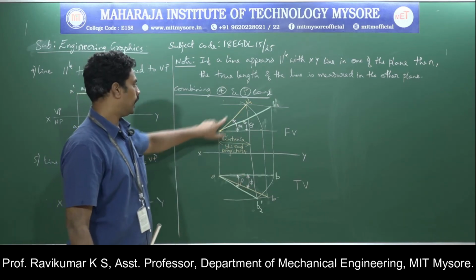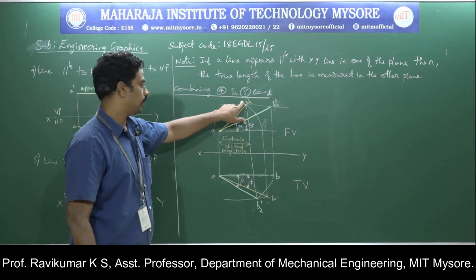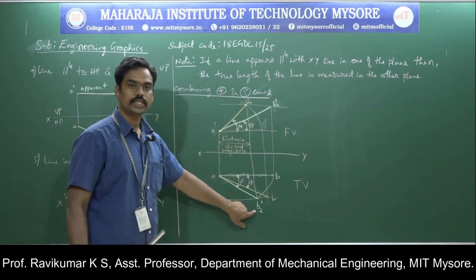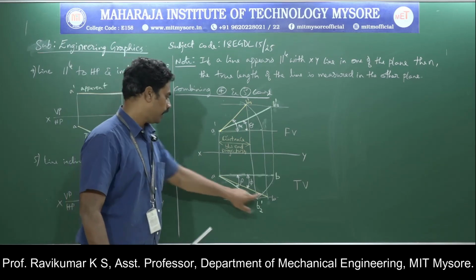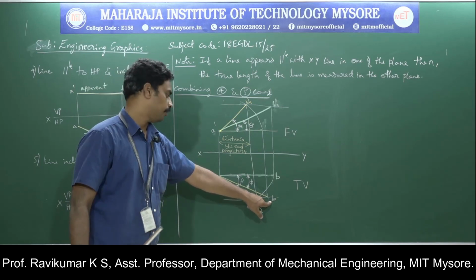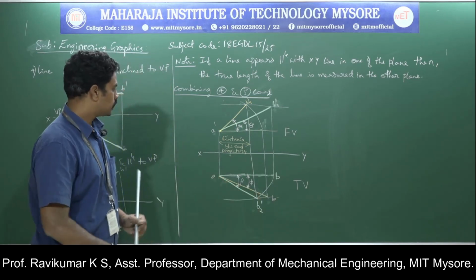Fine. Similarly, A dash B1 dash is the apparent length in the front view, A dash B dash is the true length in the front view, A B2 dash is the apparent length in the top view, AB is the true length in the top view. Okay. So this is the case.